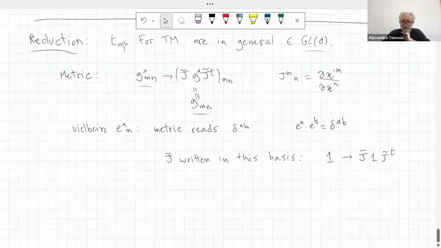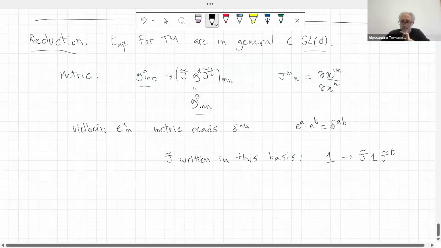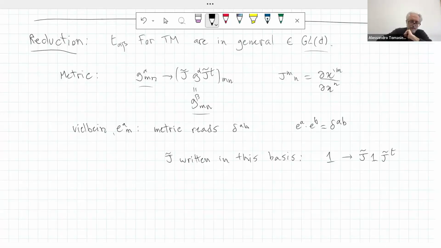however, also in the new open set, you can take a new vielbein. So you have a vielbein in open set alpha, but there will be another vielbein in the coordinate set beta and so on. If you take this choice, this will be the identity on alpha, but you will have also the identity on beta.